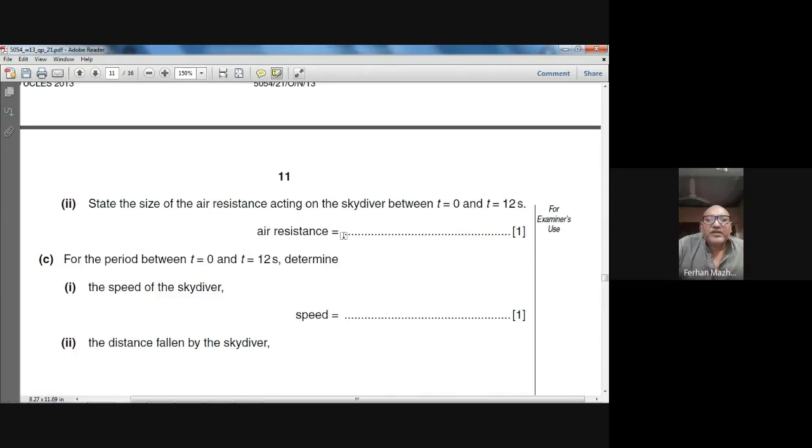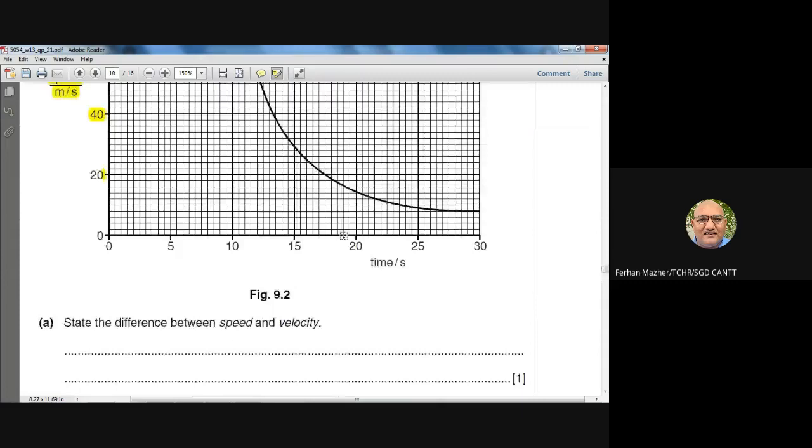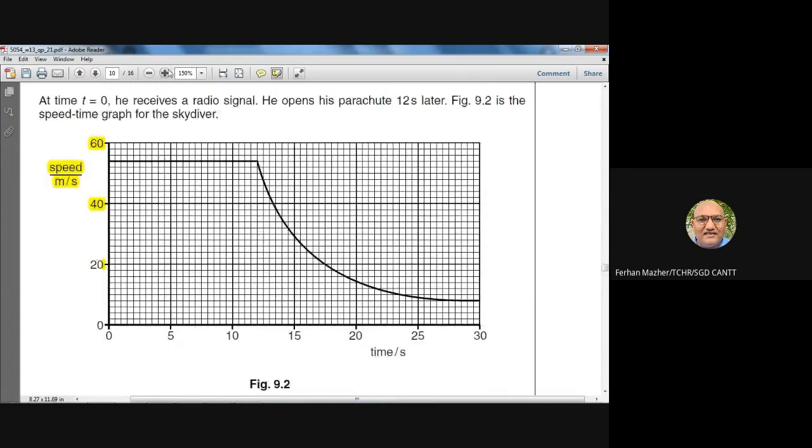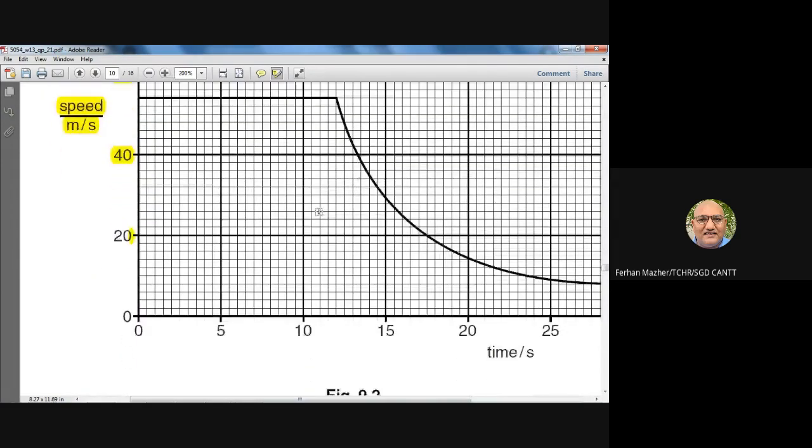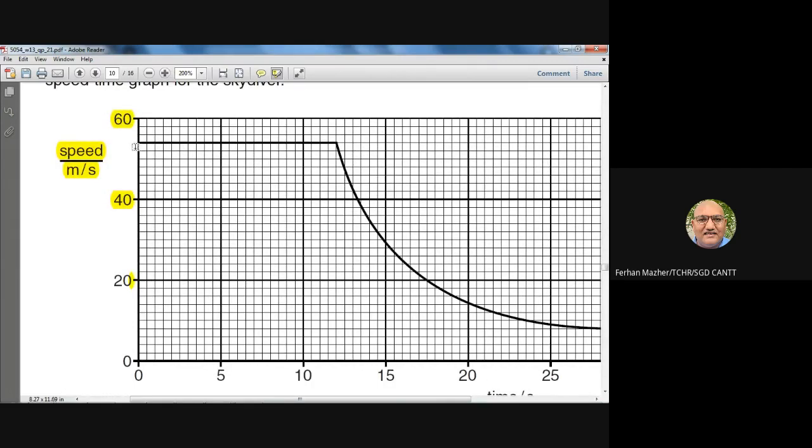For the period between t equals 0 and t equals 12 seconds, determine the speed of the skydiver. So he wants us to find the speed of the skydiver. I can increase this size. You see these 10 small squares, they are representing from 40 to 60.